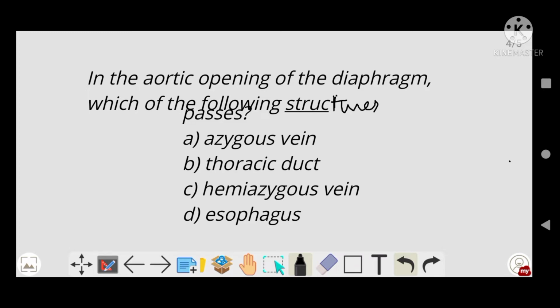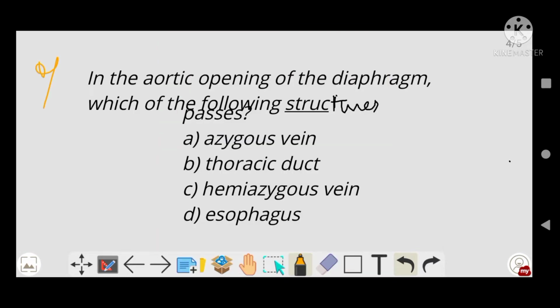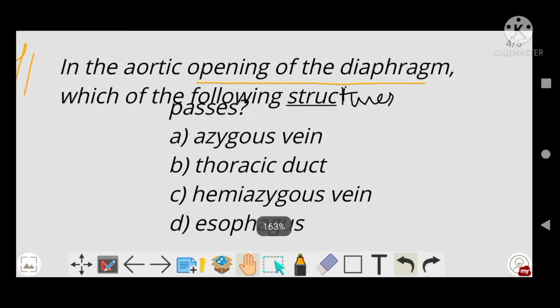Alright, so in this video I took this question. It says, in the aortic opening of the diaphragm, which of the following structures passes? Option A is azygous vein, option B thoracic duct, option C hemiazygous vein, option D esophagus.